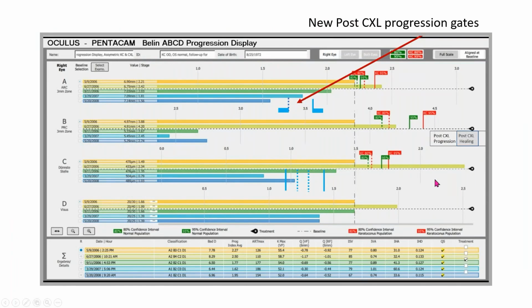And here you'll notice on the far right, bottom right, it says treatment. If you check off when you've done a treatment, that is the black dotted line. That means you've done a cross-linking, and you notice the gates do not appear until you're at least 1 year out. Now, when we get more experience with epithelium on cross-linking, my guess would be those noise measurements will probably become stable earlier, and that will have to be something we'll in the future need to incorporate.